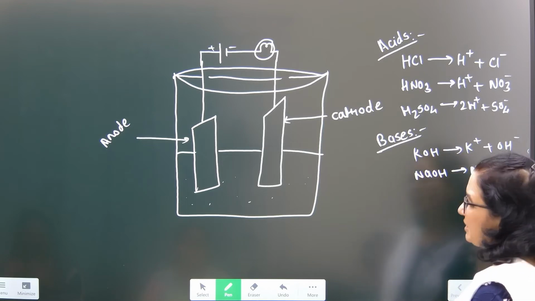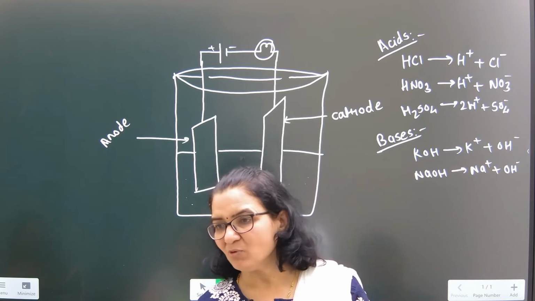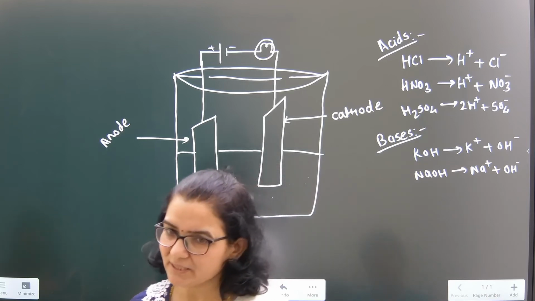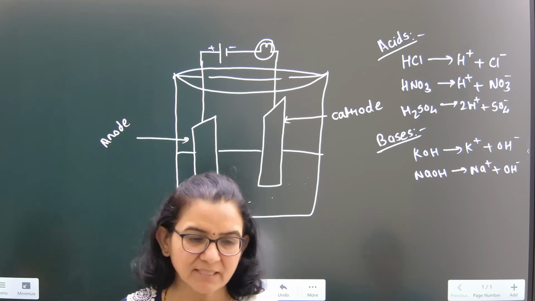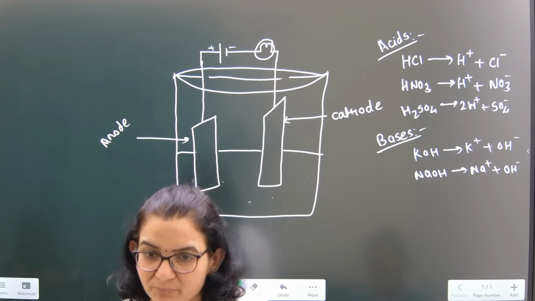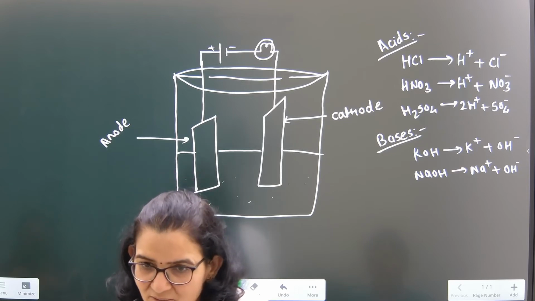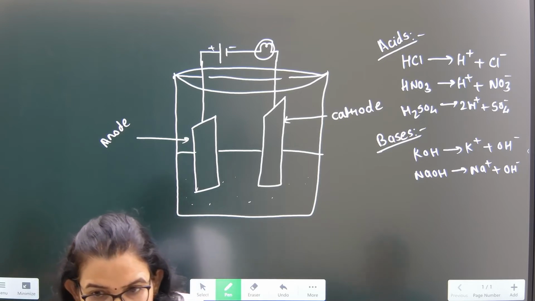So all the bases, whenever they dissociate, form OH minus ions. If they are strong bases, they will form a strong electrolyte, which means the bulb will glow bright.